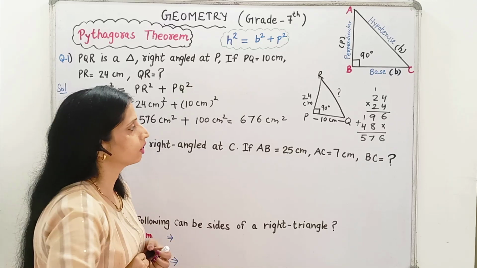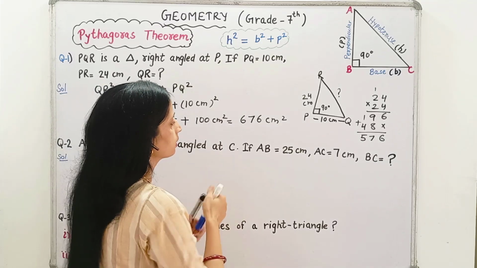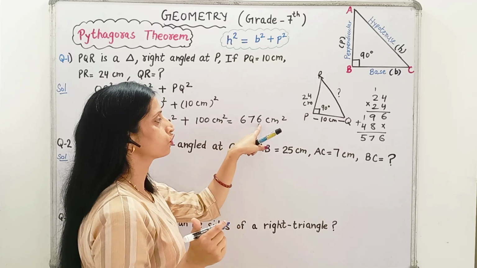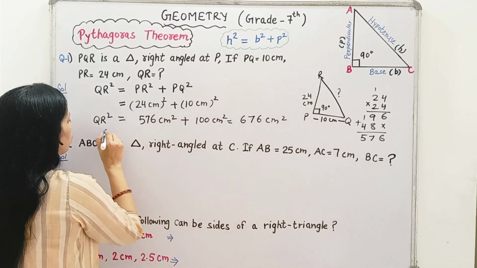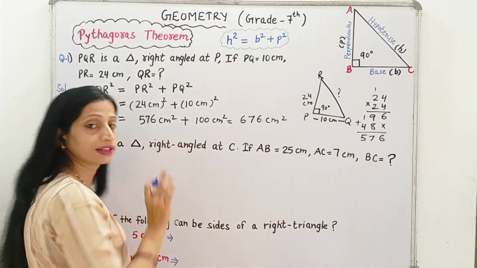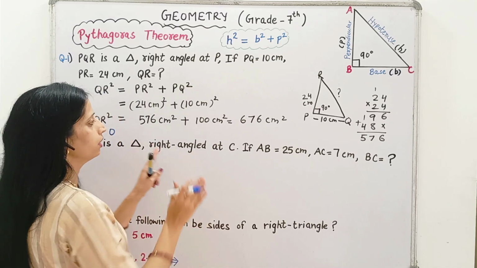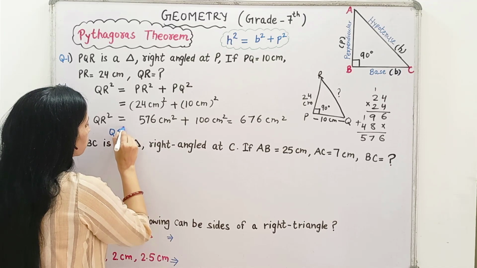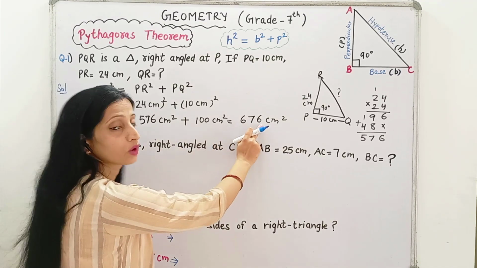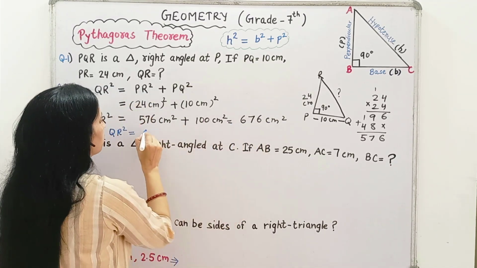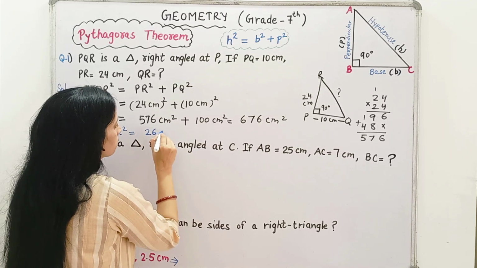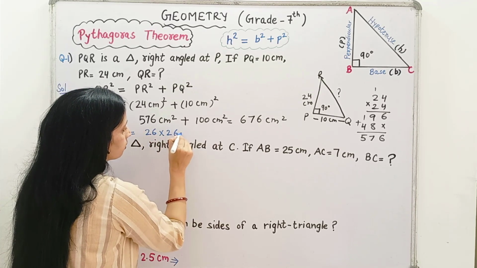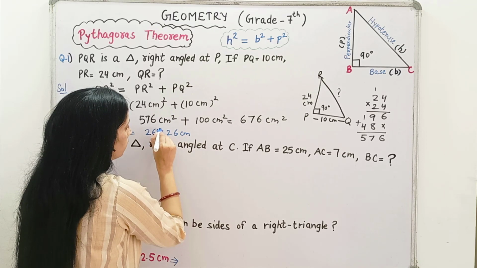Now we have to find out that 676, it is a square of which number? Okay, so you have to learn the squares at least till 30. Then only you can find out the values easily. So we know that QR square will be equal to, this is a square of 26. So we can simply write 26 into 26 centimeter, and here also centimeter.